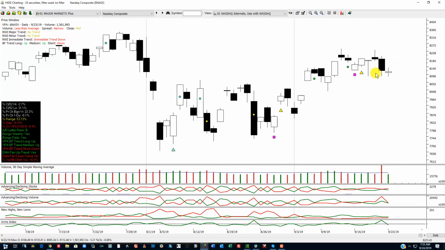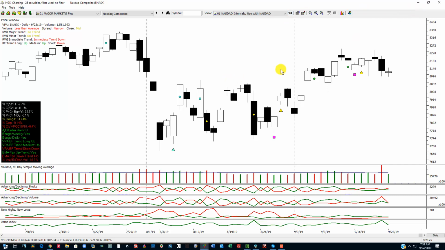I'm going to zoom in a little bit here so we can see this better, but these lines down here represent advancing issues versus declining issues, and here is advancing volume versus declining volume, and this is new highs versus new lows. You can see everything's kind of in a neutral position right now, as is the NASDAQ.